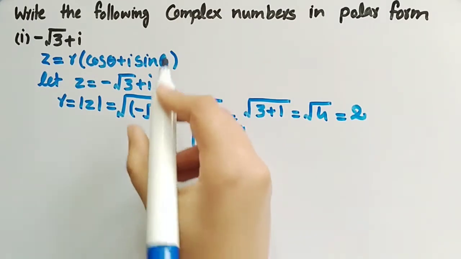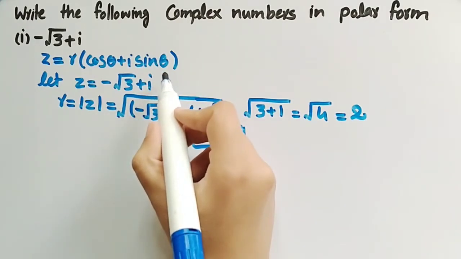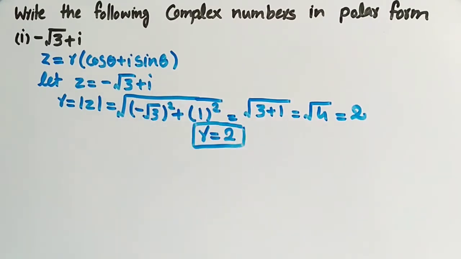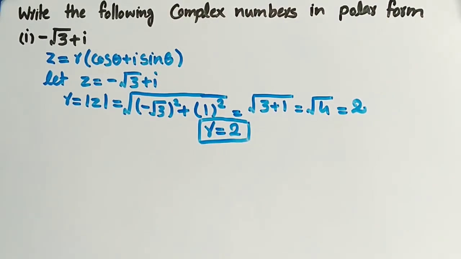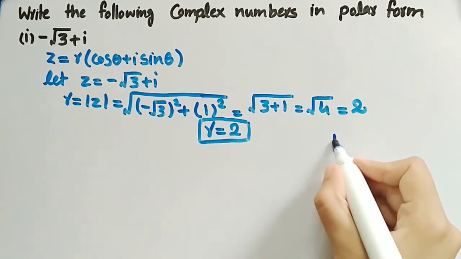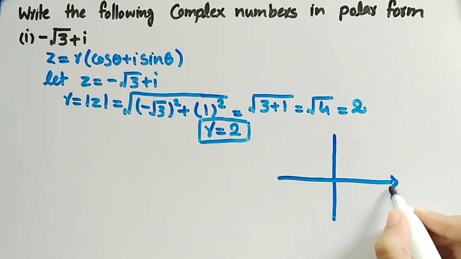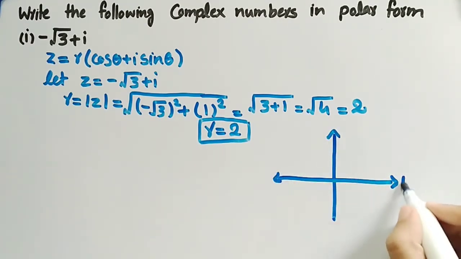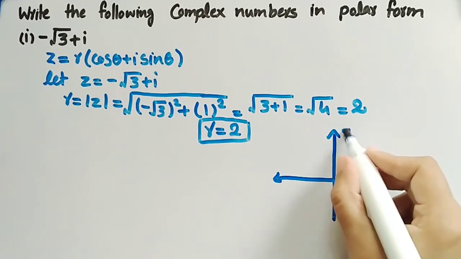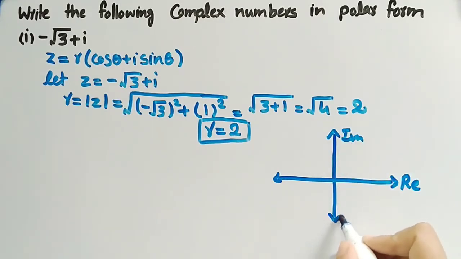Now we have to find the value of theta, which is the principal argument of the complex number z. To find the value of the principal argument, firstly we have to check in which quadrant the complex number z lies. Let this be the real axis and this be the imaginary axis of the complex plane.